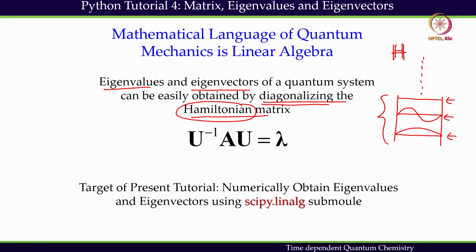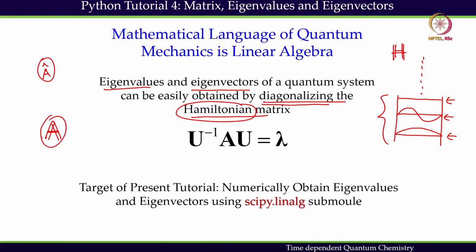In module 4, we have shown the diagonalization of a matrix. Let us say I have a matrix A. In general, an operator is shown with a hat on it, and a matrix with a double line.